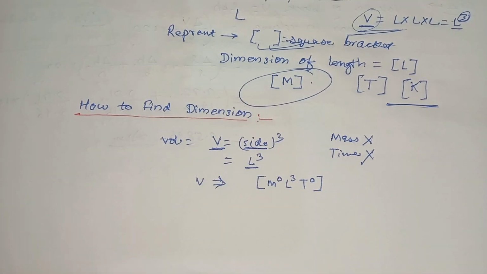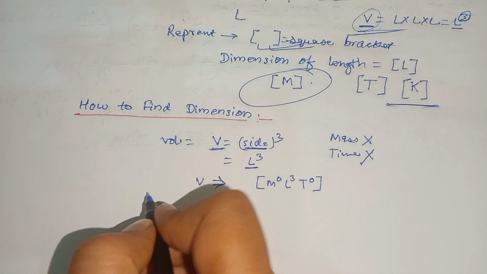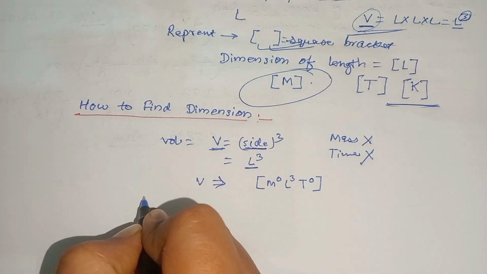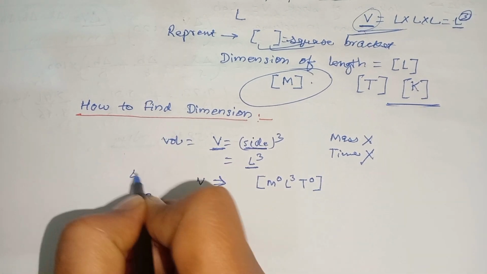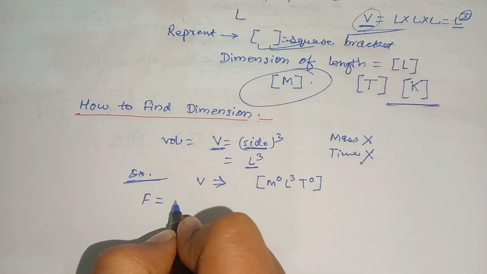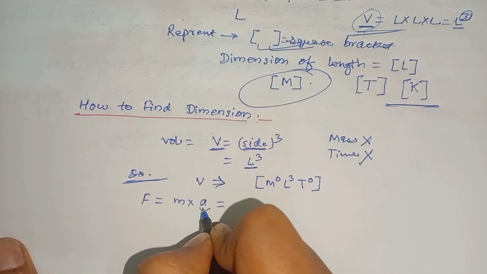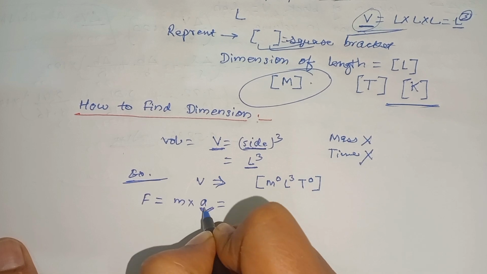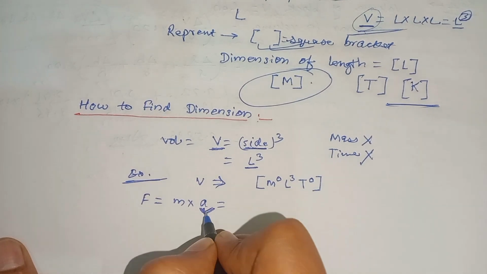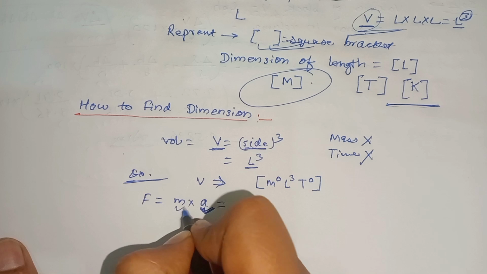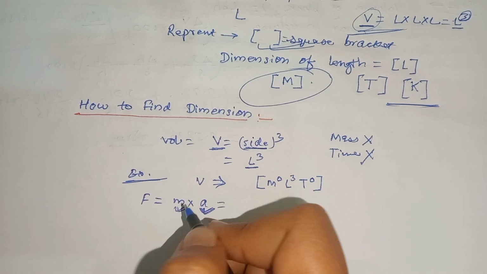Now let's see force, one other example of how to find a dimension. Force equals mass into acceleration. Acceleration is a derived unit, so we will convert it into base units. Mass is already a base unit, so no need to convert mass.